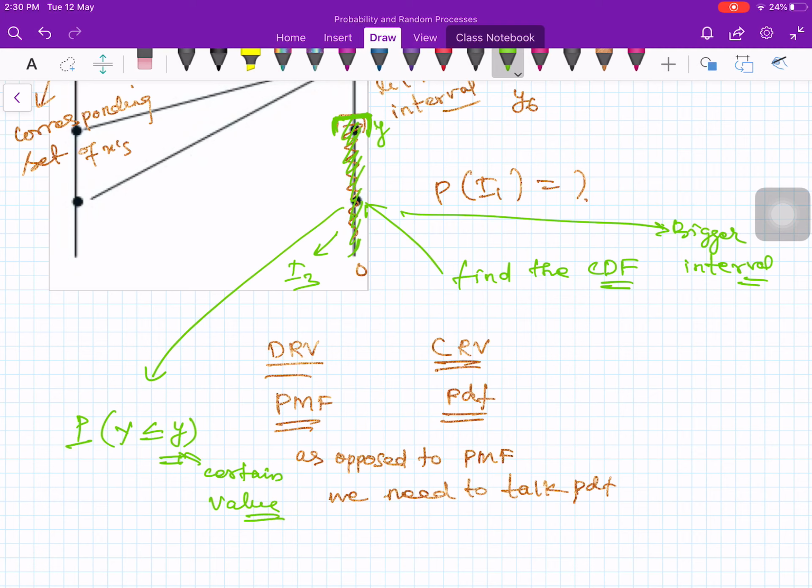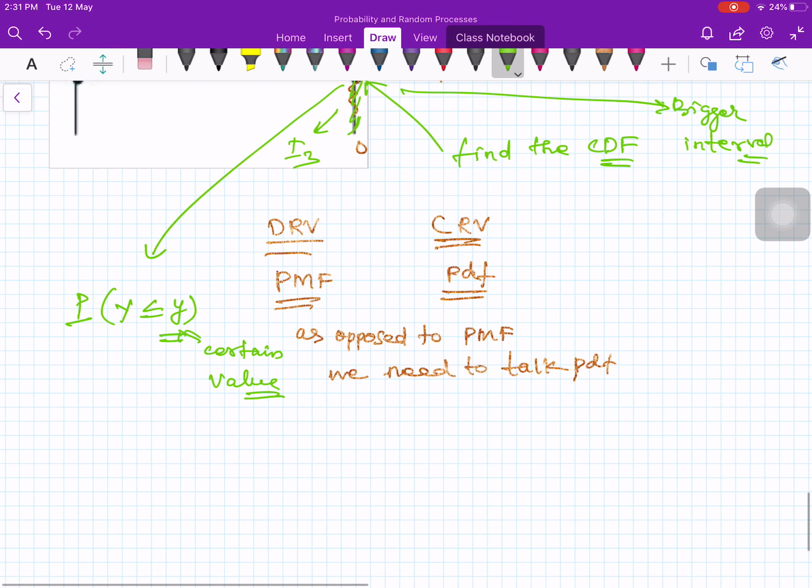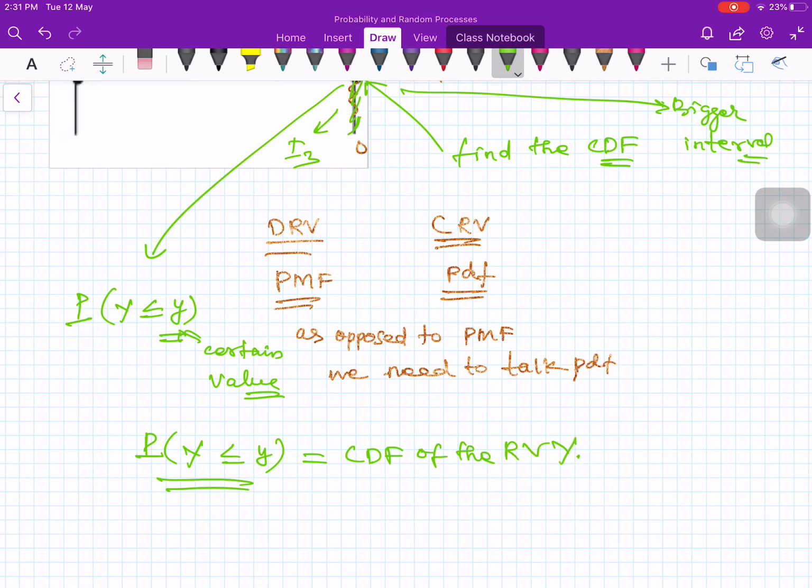The probability of this set, P of capital Y less than or equal to small y, is given by the cumulative distribution of the random variable Y. By definition, this is the CDF of the random variable capital Y.